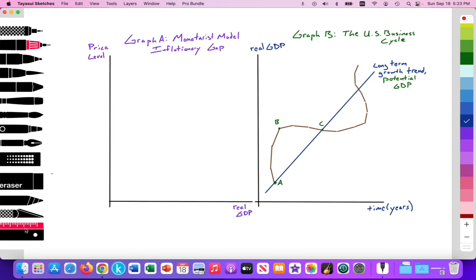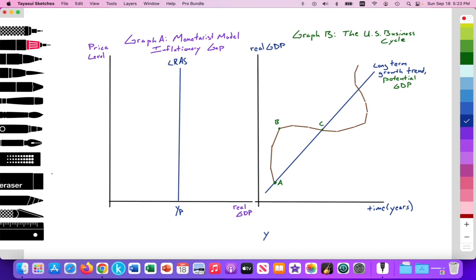So let's go ahead and illustrate. So here we have our long-run aggregate supply curve, LRAS, and that long-run aggregate supply curve is the long-term growth trend, the potential GDP, the average level of goods and services that we should be producing. So I'll label this YP.